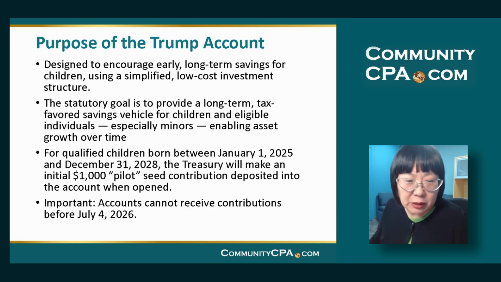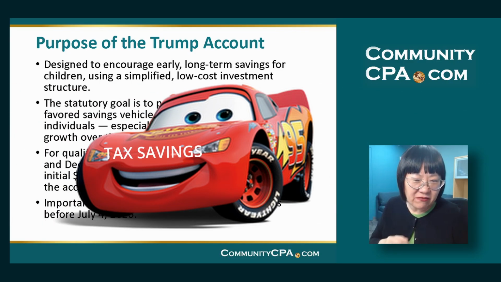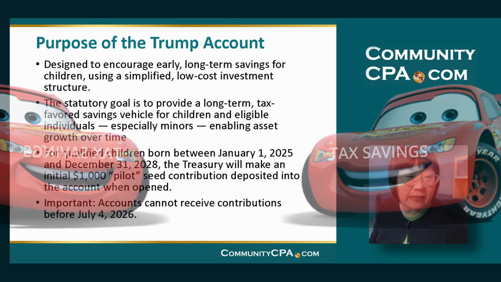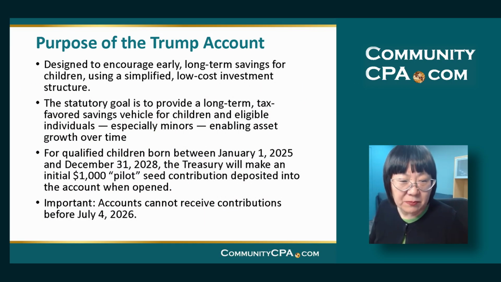The statutory goal, by the book, what Congress says, is to provide a long-term tax-favored saving vehicle for children and eligible individuals, especially minors, to enable them to save. The Treasury will make an initial $1,000 pilot seed contribution for your account.